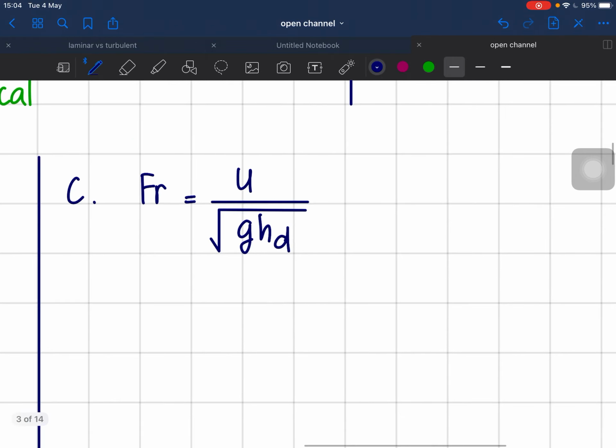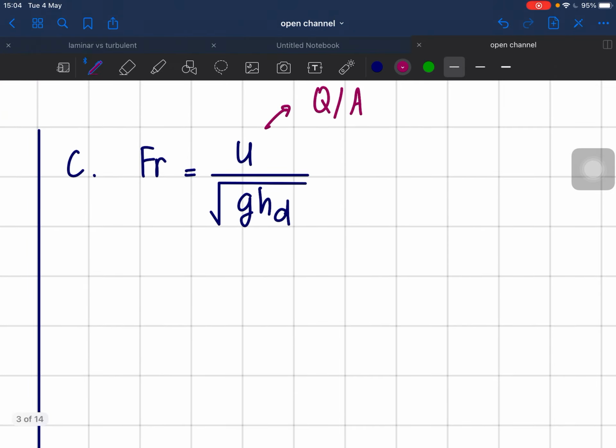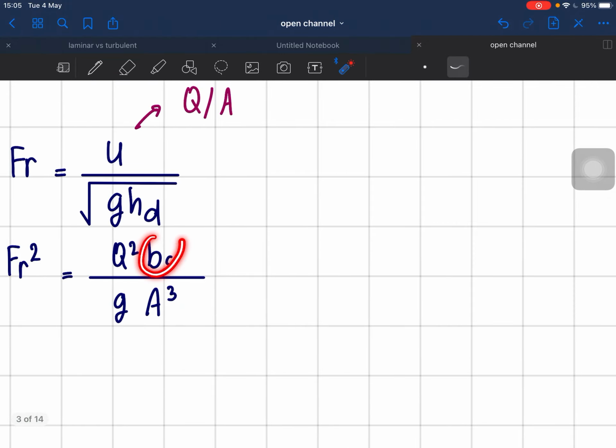Okay, then we can find, always a little bit tricky. Let's keep away right here. So now we want Froude square. So Froude square would be Q square B over g A to the power of 3, because right here it's A, right?